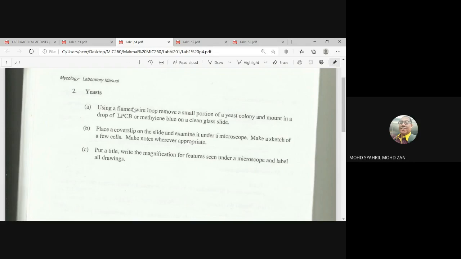Okay. So untuk semua eksperimen teknikal ni ada dalam video feature dalam tu. Okay, awak boleh tengok, ada 3 video. So each of it menunjukkan teknik-teknik yang kita gunakan dalam mengenali our mycology. Mostly kita punya mold ataupun yeast.